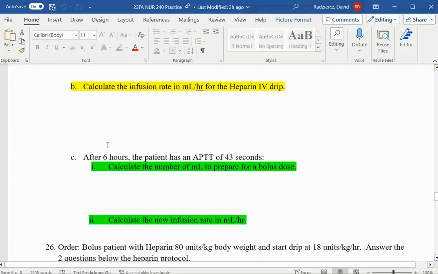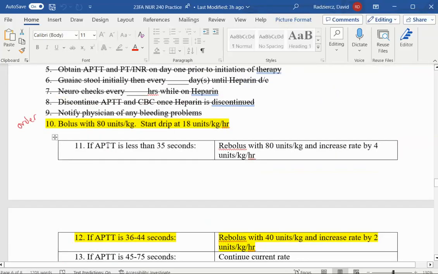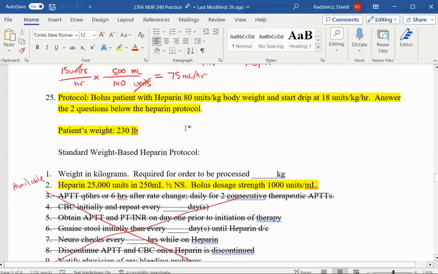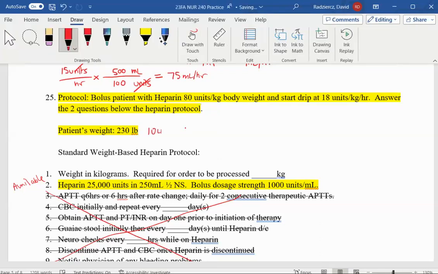Okay, so for this one, patient's 230 pounds. Step one is we need to convert pounds to kilograms. So I'm going to get a weight of 104.5454 repeating.